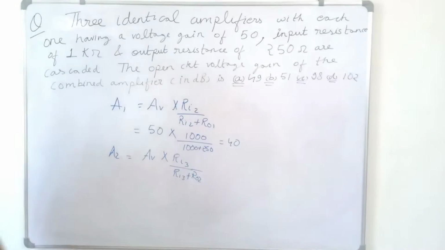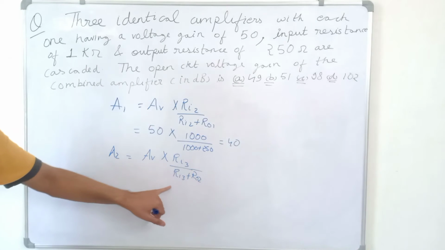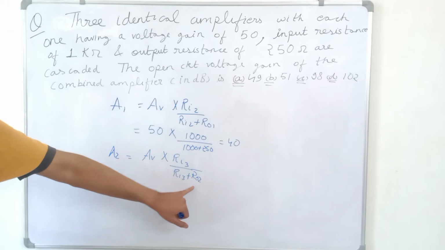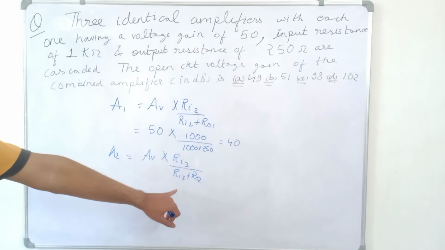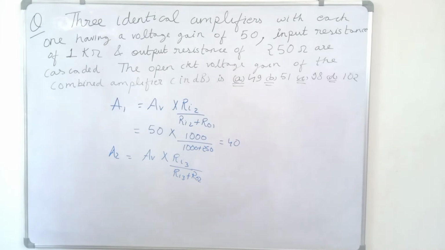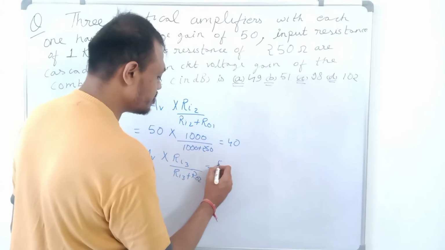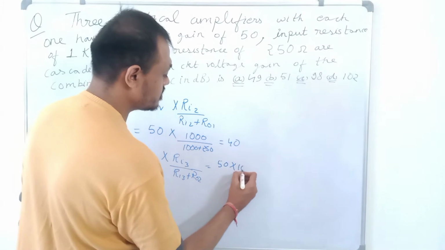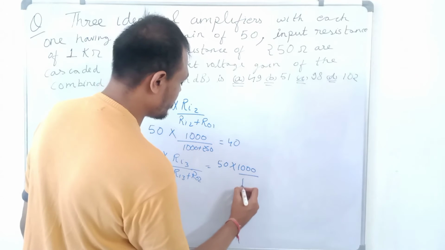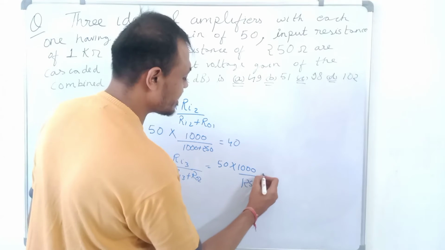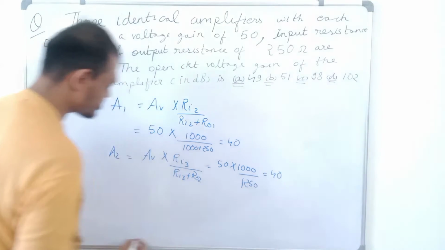For the second stage, it is the input resistance of the third stage divided by the input resistance of the third stage plus the output resistance of the second stage, multiplied by the voltage gain. This is also the voltage divider rule, so it will also be 50 into 1000 upon 1250, which is again 40.